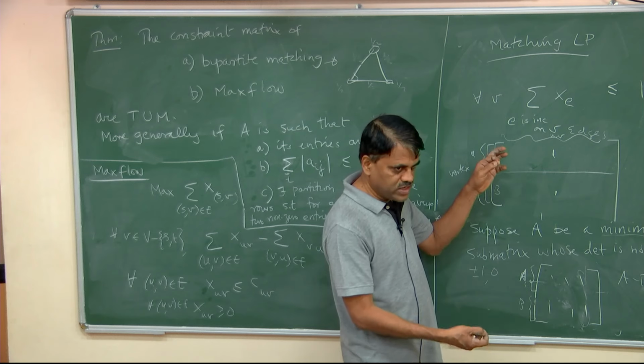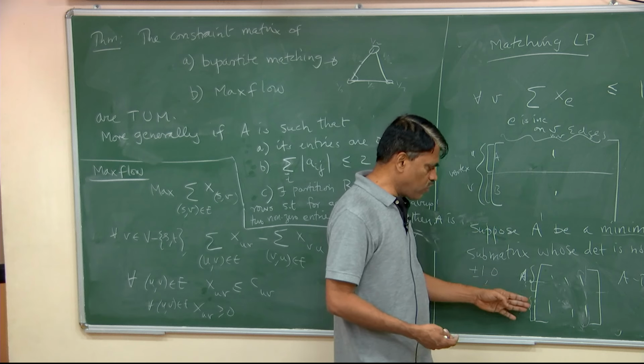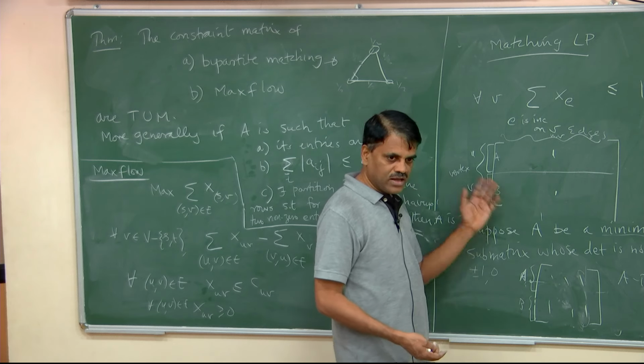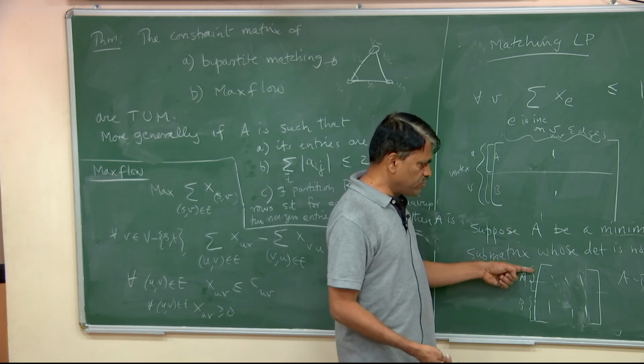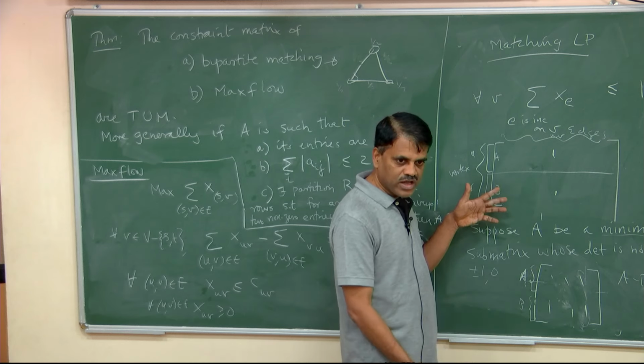So if I multiply each row of A by 1, multiply each of the rows of B by minus 1 and add, what do I get?